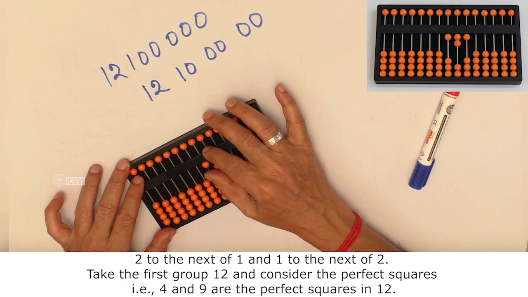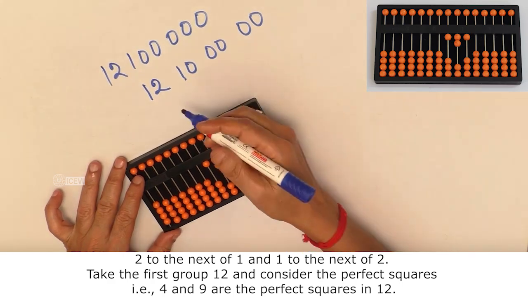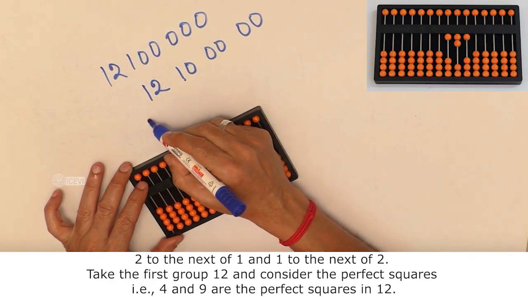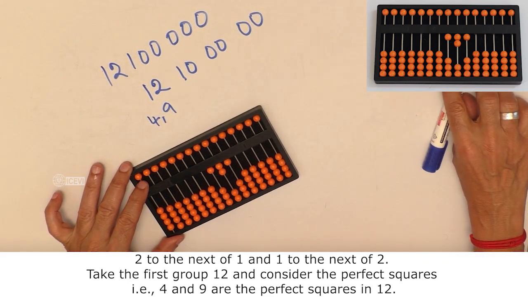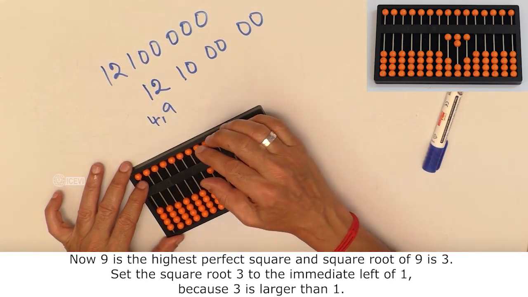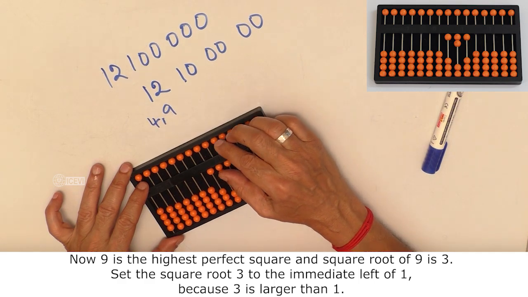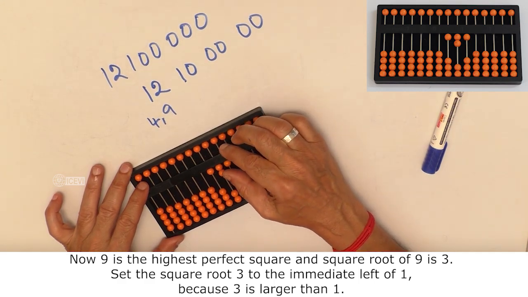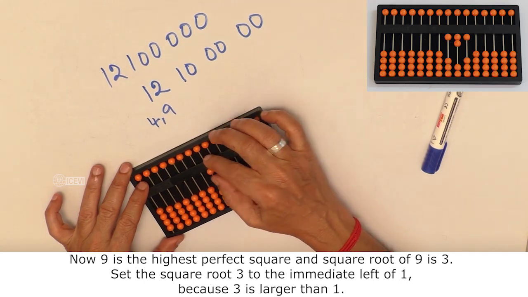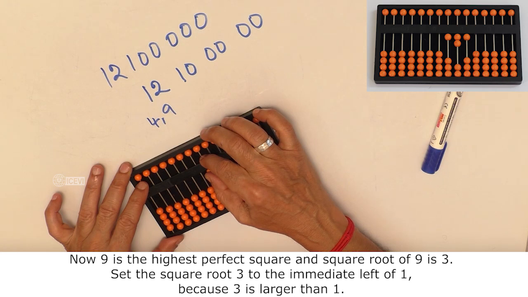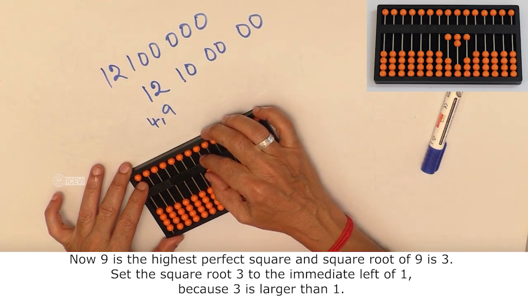Take the first group 12 and consider the perfect squares there. 4 and 9 are the perfect squares in 12. Now 9 is the highest perfect square, and take square root of 9, which is 3. Set the square root 3 to the immediate left of 1 because 3 is larger than 1.